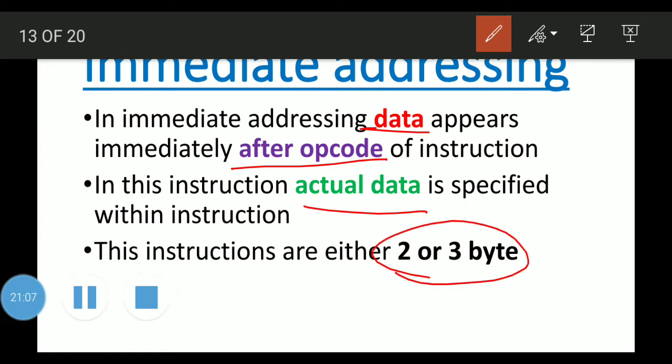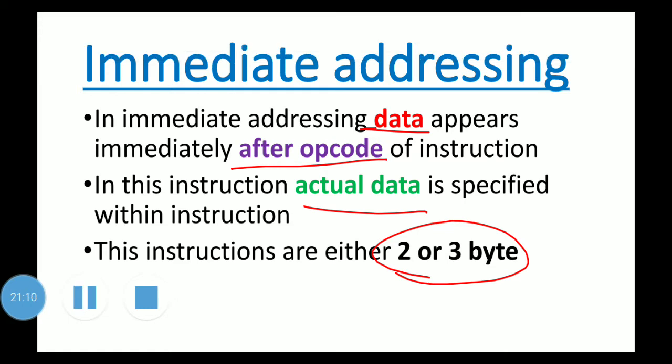Please read these 3 points again. In immediate addressing mode, data appears immediately after the opcode. In this instruction, actual data is specified within the instruction. These instructions are either 2 or 3 byte.